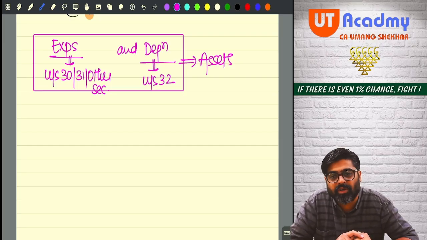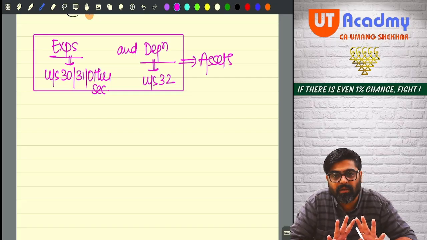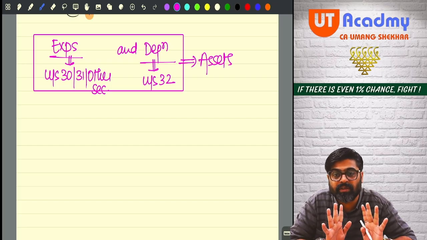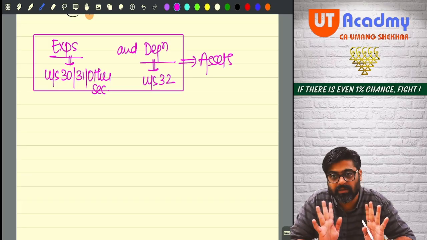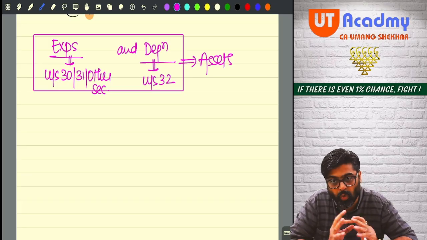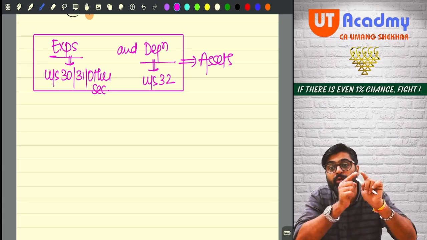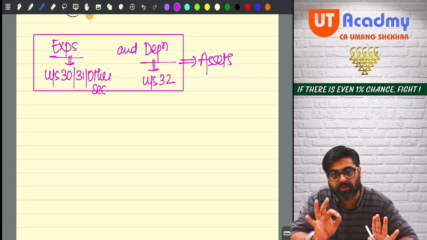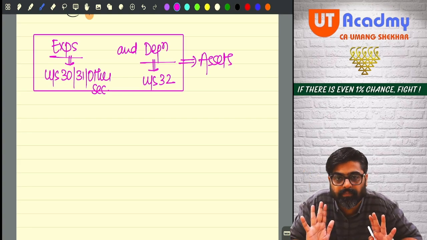So as per section 38, any expense or the depreciation which is not related to the use of the asset for the purpose of business or profession cannot be claimed as a deduction. It will be disallowed. Only that part of expense or depreciation which is relatable to the use of the asset for business or profession, only that much can be claimed as deduction.